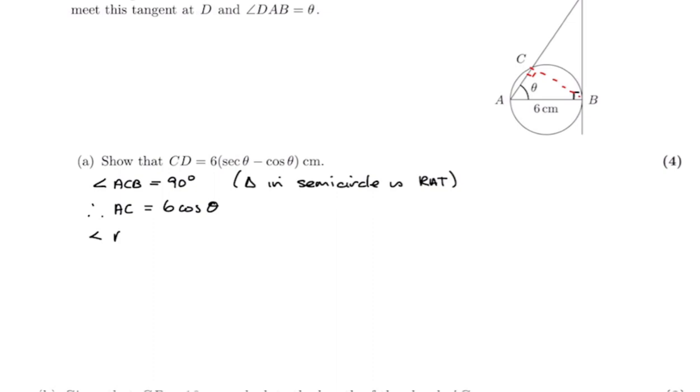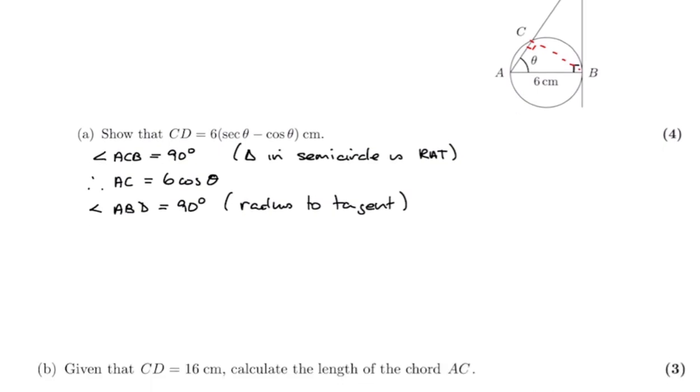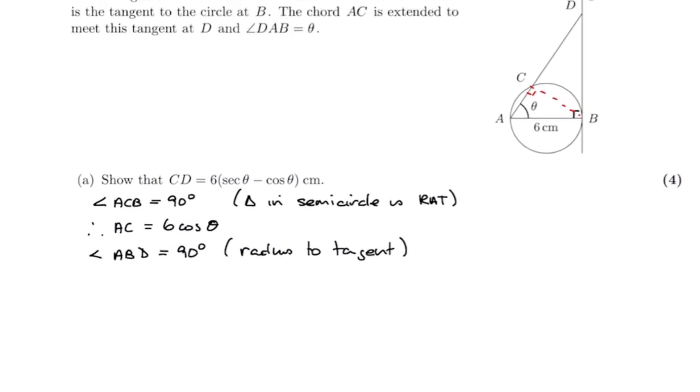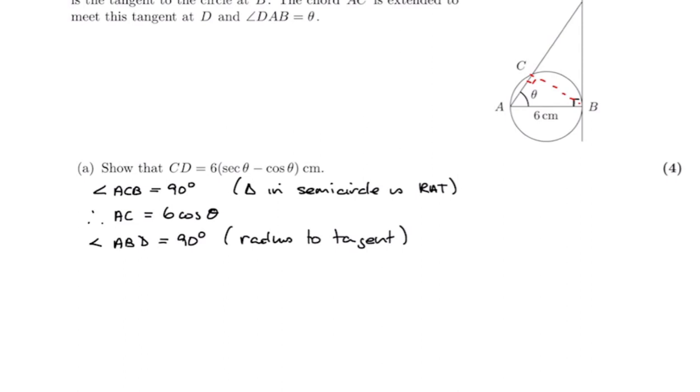But angle AED is 90 degrees because that is radius to tangent. And again, we're going to do a similar thing with the big triangle this time. So you can say cos theta equals 6 over AD, because AD, of course, is the hypotenuse. Therefore AD equals 6 over cos theta, or AD equals 6 sec theta.